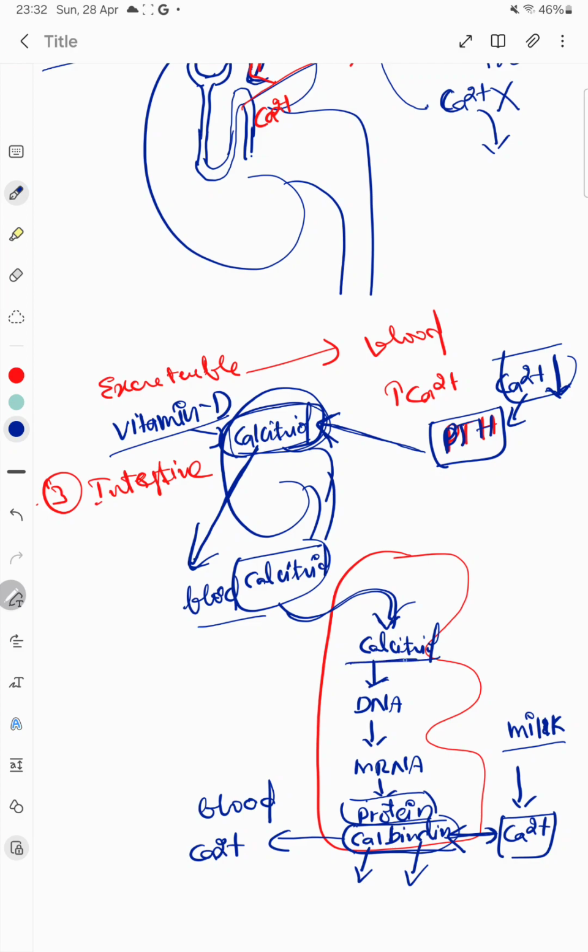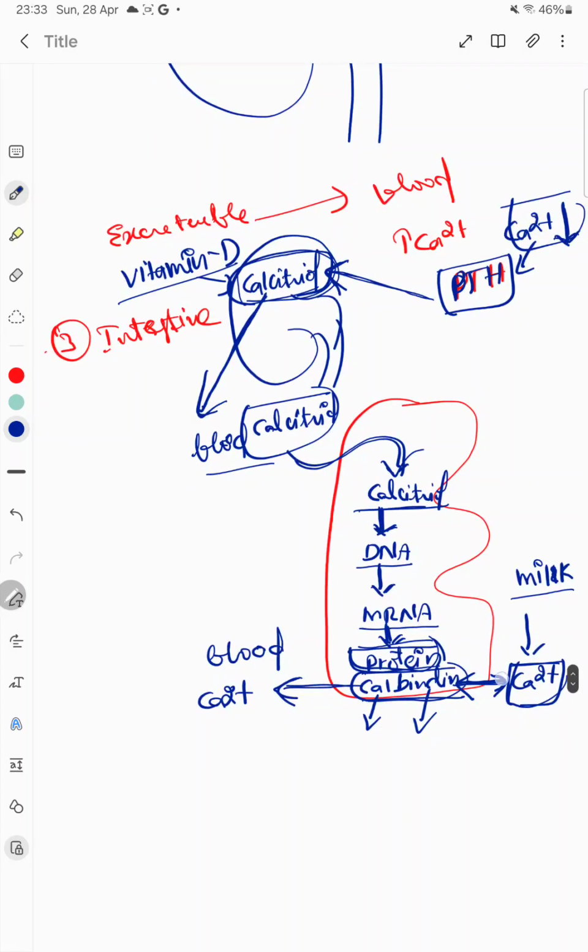In the intestine, calcitriol acts on the intestinal DNA, which is converted to mRNA, and this mRNA is converted to the protein calbindin. It is a calcium binding protein that binds the dietary calcium and brings it into the blood. So the blood calcium increases automatically. The low calcium of 6 mg per dl is again increased up to 9 to 11.